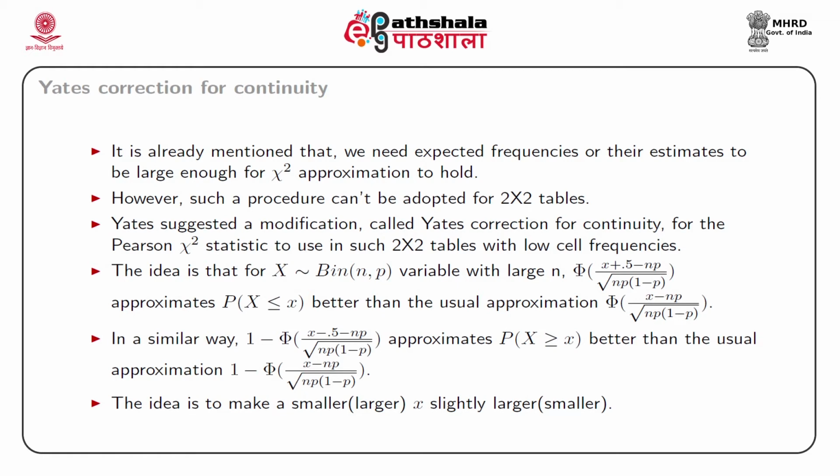In a similar way, one can approximate probability X greater than or equal to x and find a better estimate by replacing x by x minus 0.5 in the usual estimate. The idea is to make a smaller x slightly larger and a larger x slightly smaller.